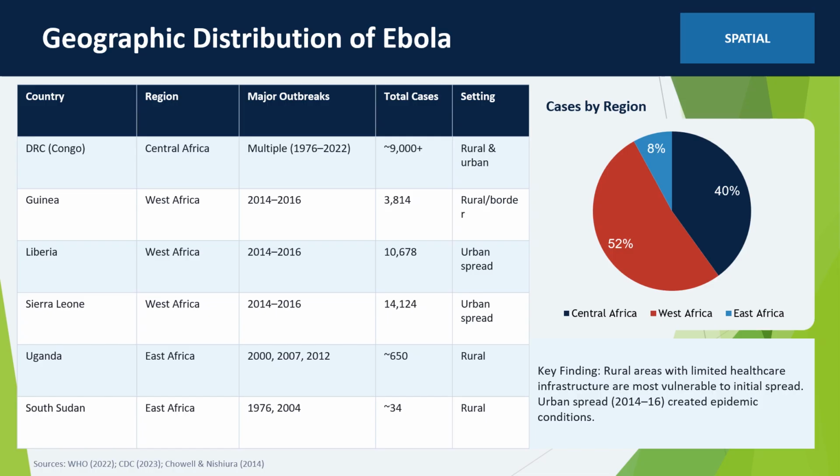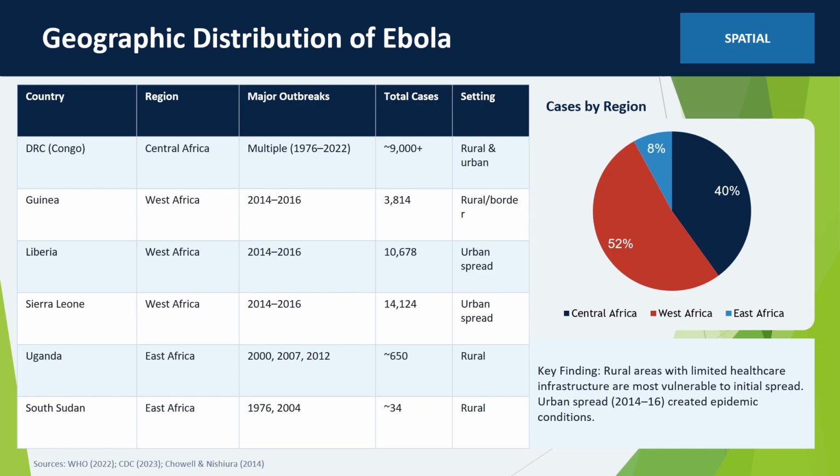The pie chart on the right breaks this down by region. West Africa accounts for approximately 52% of all cases, Central Africa for about 40%, and East Africa, including Uganda and South Sudan, for about 8%.